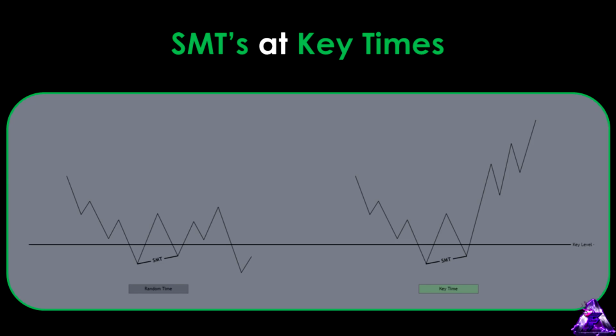As you can see, testing a key level and forming an SMT divergence are both great, but they need to occur at a key time or you won't see their full effect. In both of these examples, it was time that confirmed the validity of price. So you can see that time is more important than price. I've proven it here.